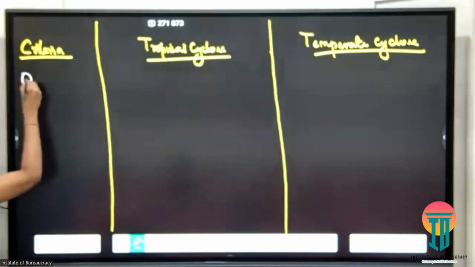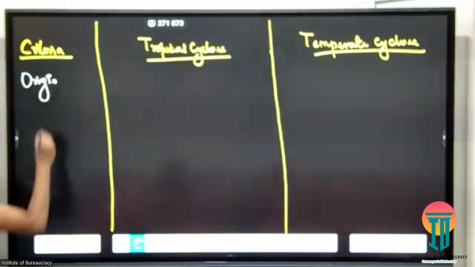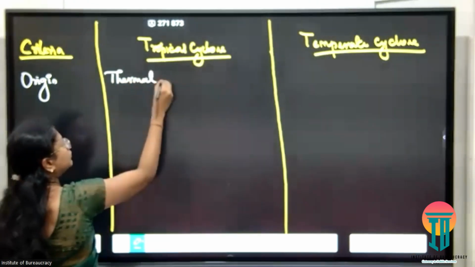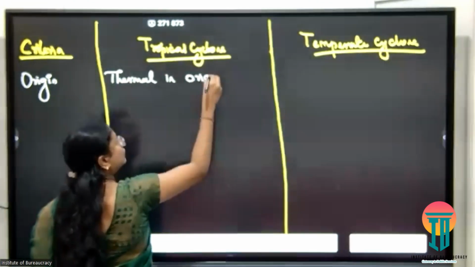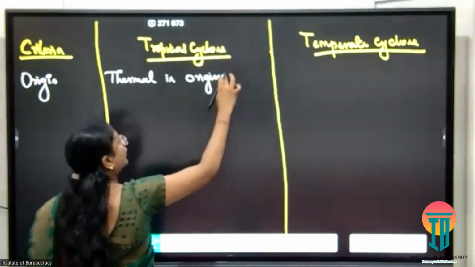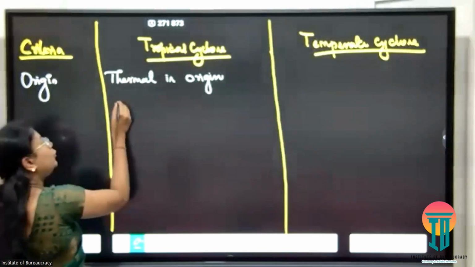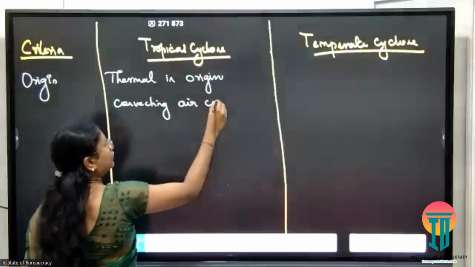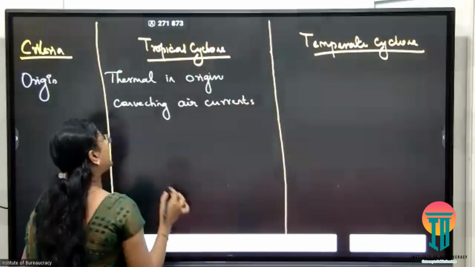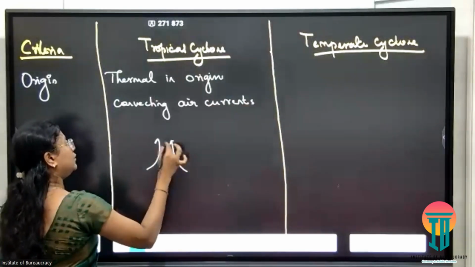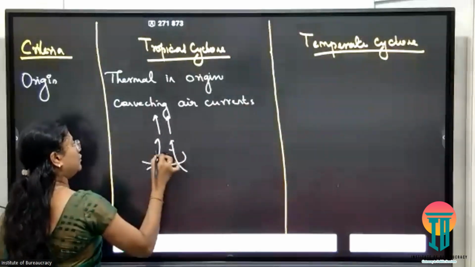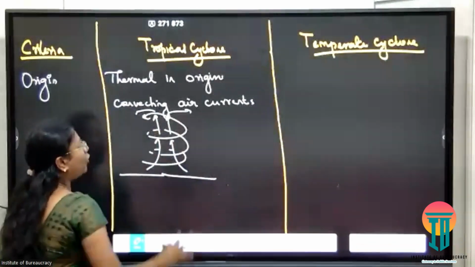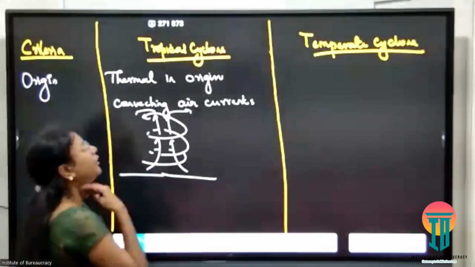First, origin, the nature of origin. Tropical cyclones are thermal in origin. Thermal in origin means they are formed due to convecting air currents. Whereas what about temperate cyclones?